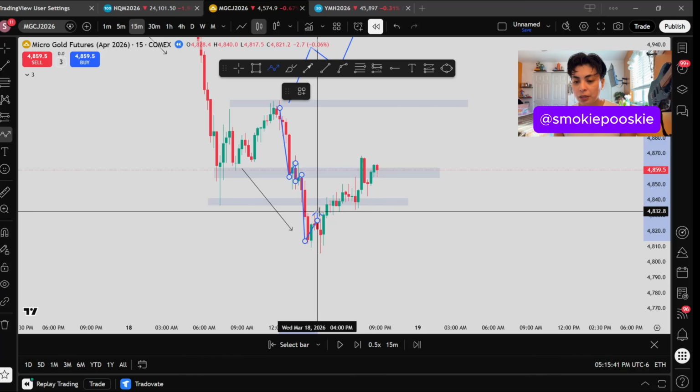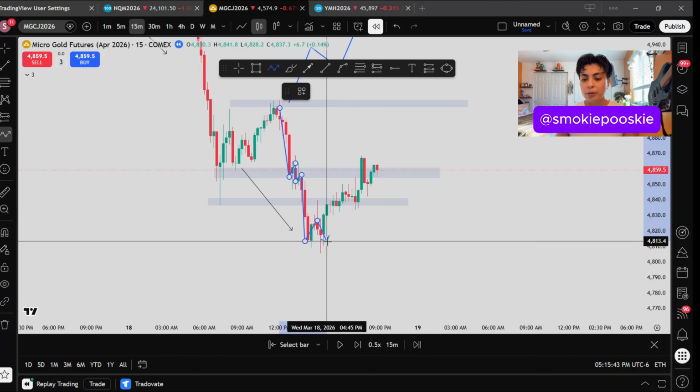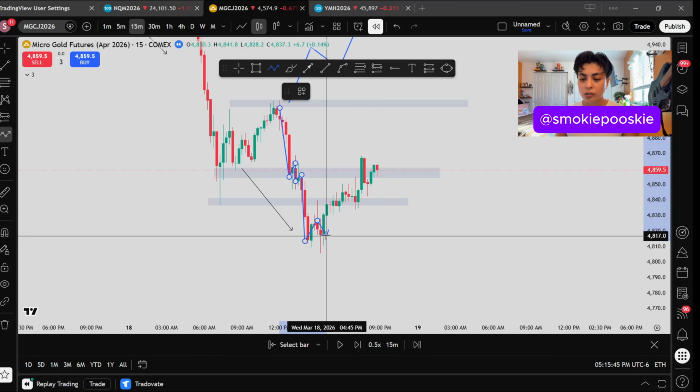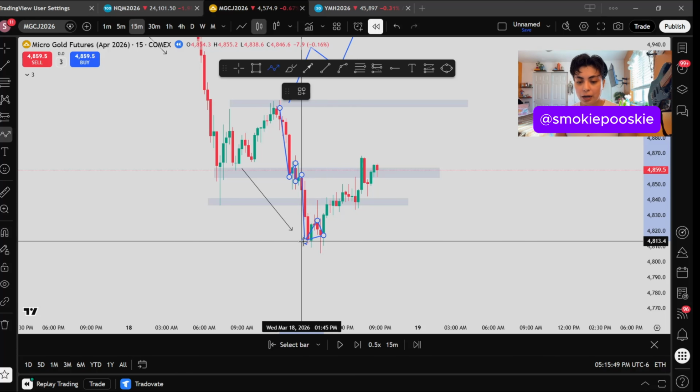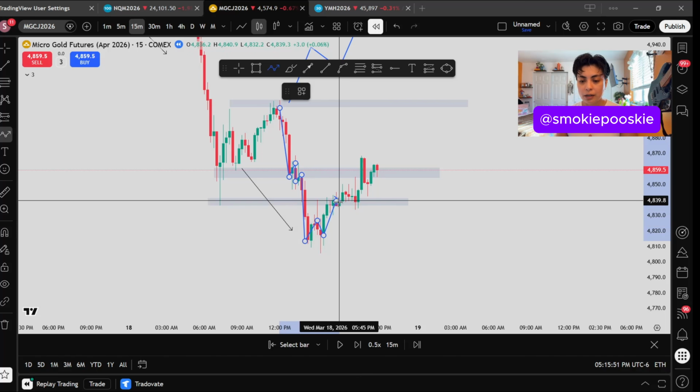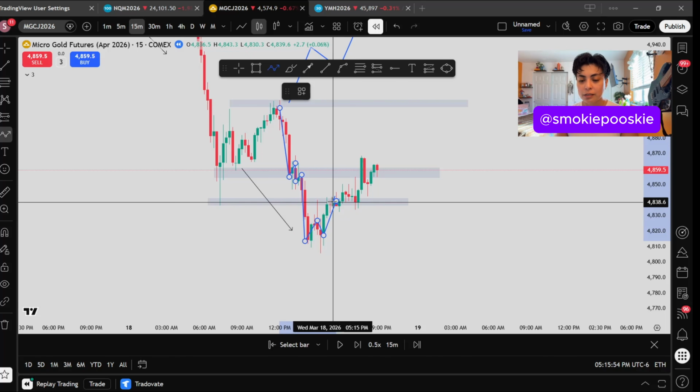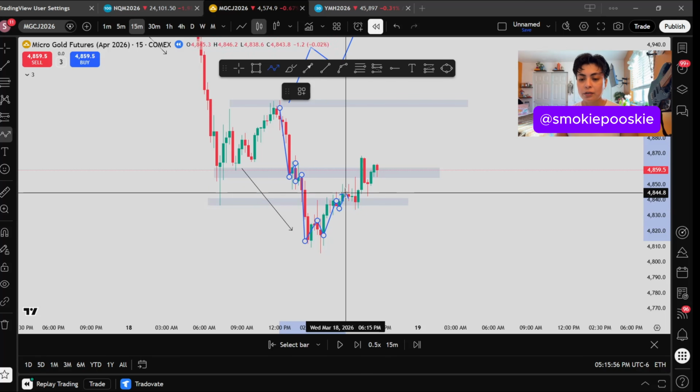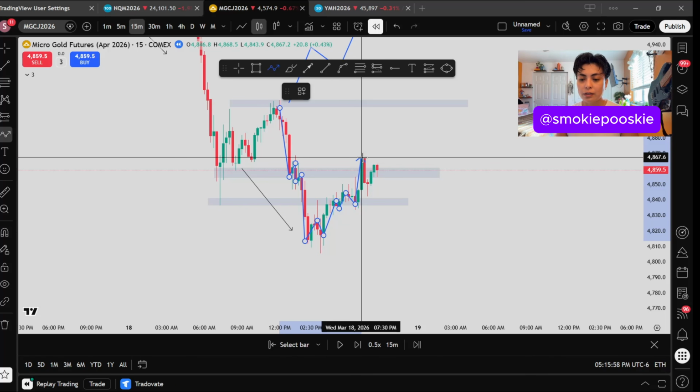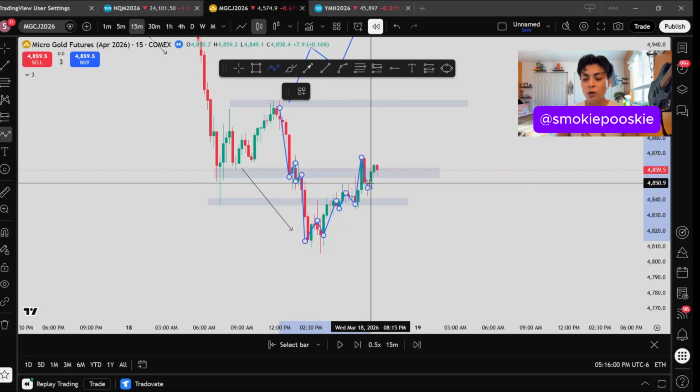It's going to stop doing that, and it's going to start building bullish structure. So higher low, because this low is higher than this. Higher high, because this high is higher than this. Another higher low, another higher high, another higher low, and it continues.